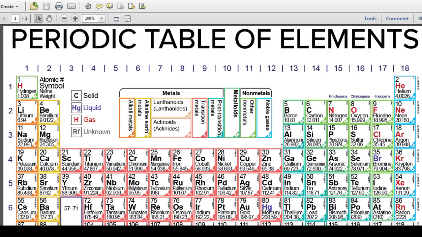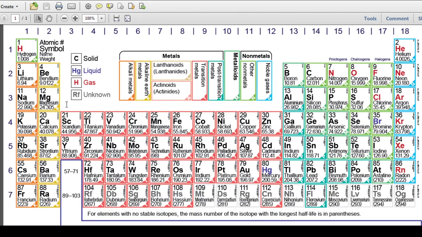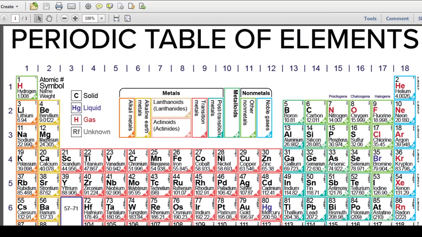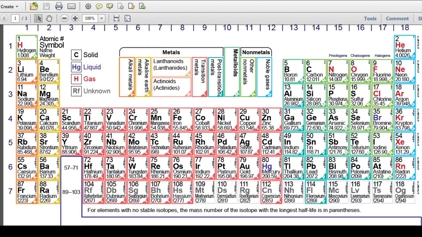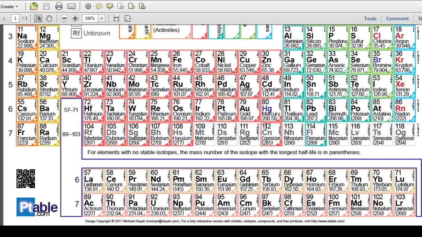Here we have groups 1 to 2, and then if we jump across, we have 13, 14, 15, 16, and 17. These are known as your representative elements, whereas these elements in the middle, your d block elements, are known as your transition elements. And again, I like using this ptable because it gives you a better idea of what we have, and it's more up to date with the newly discovered elements as well.